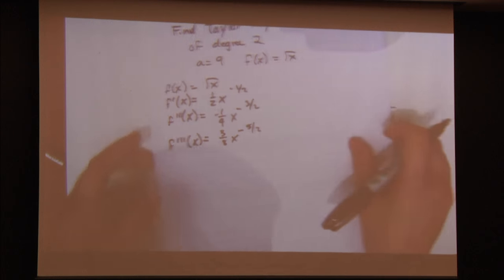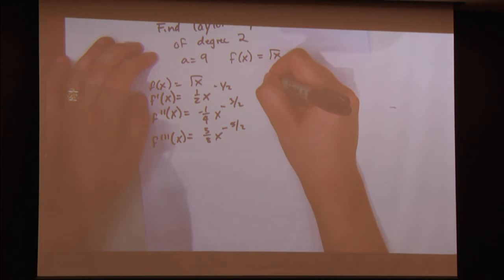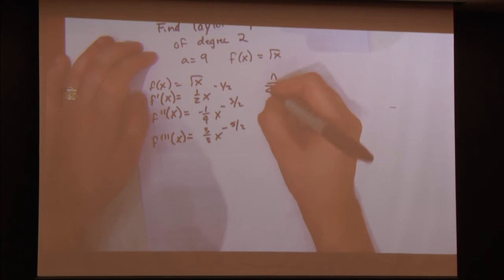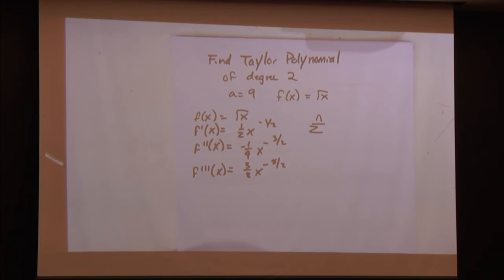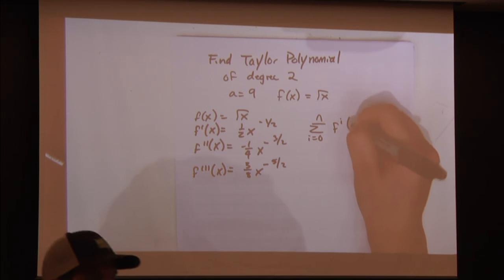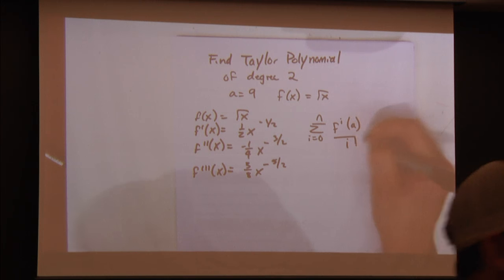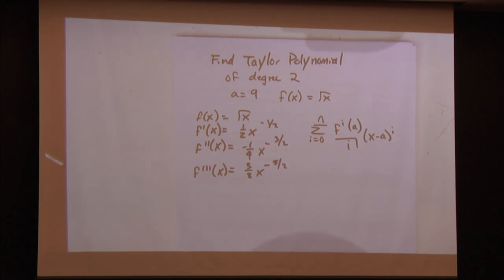Okay. You know that Taylor series is equal to, yes. Slightly different form than what you've seen, but it's the same thing. I'm using i's instead of n's because I want to be able to plug 2 into my n up top.